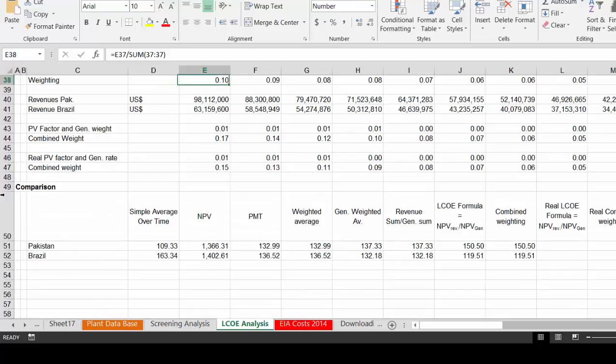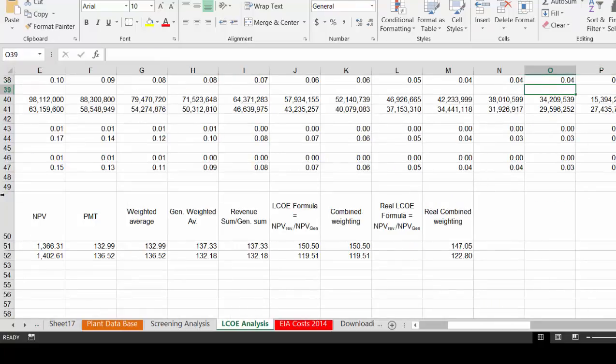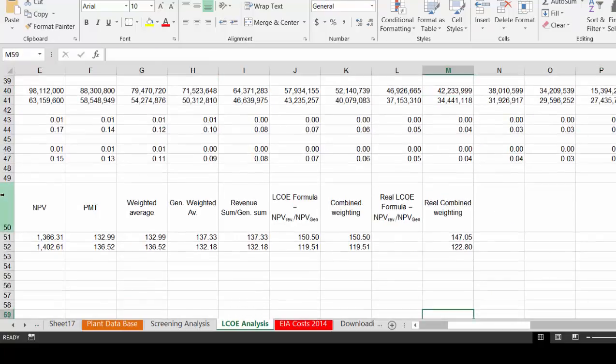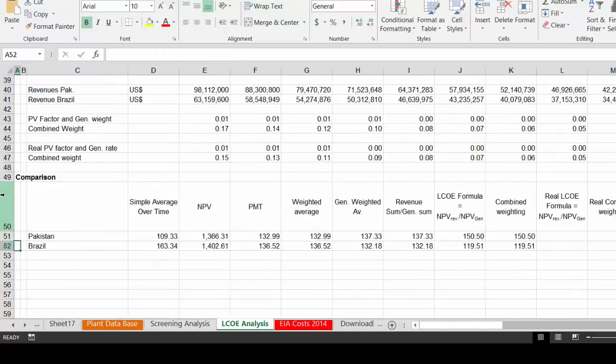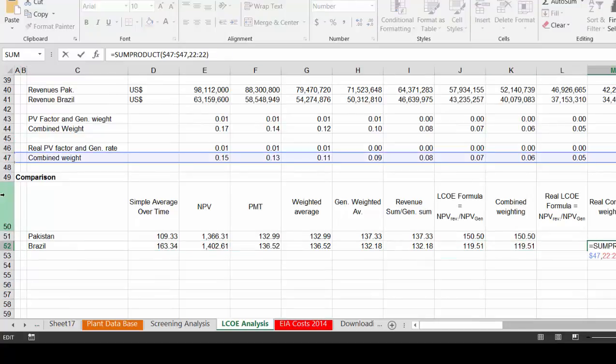I believe there's something wrong with my Brazil number. There is clearly something wrong. That should be 100, so I might have to switch it off here. Let's see what I did wrong. Did I forget to put the... Of course.